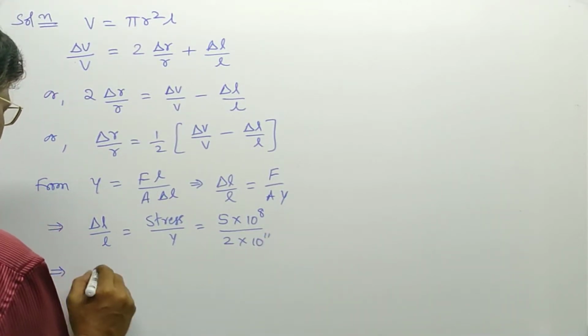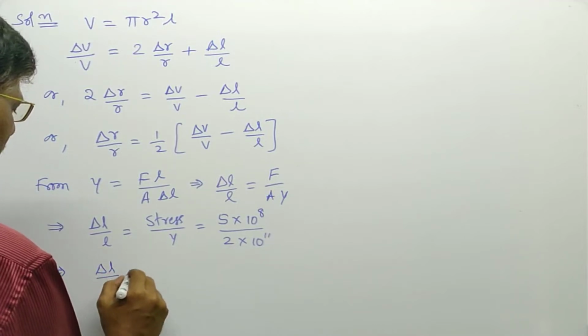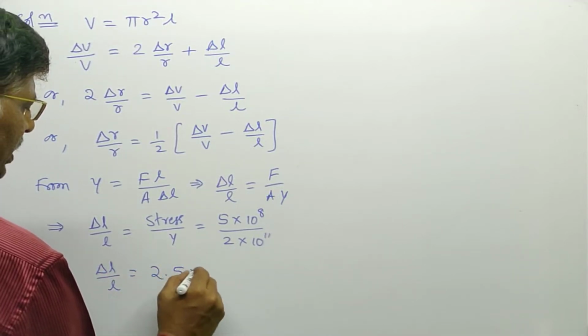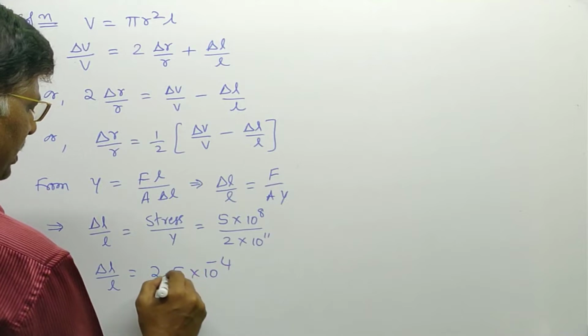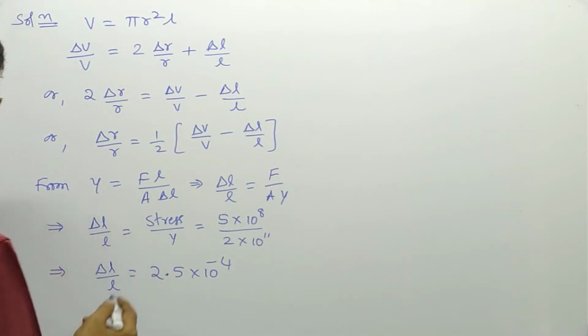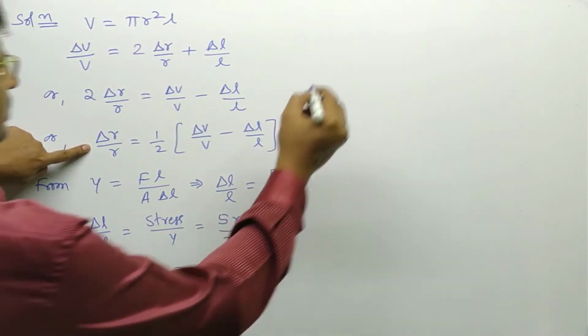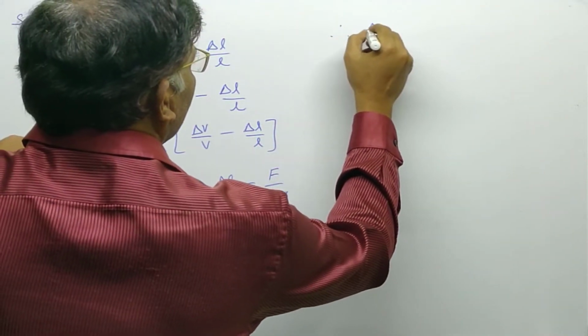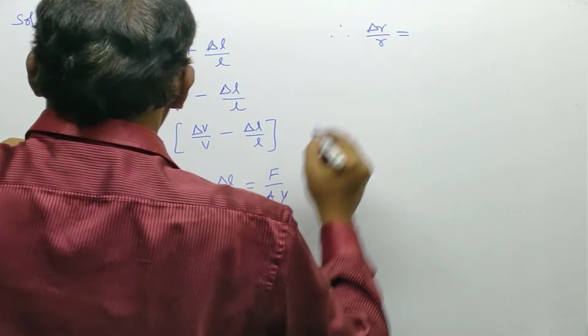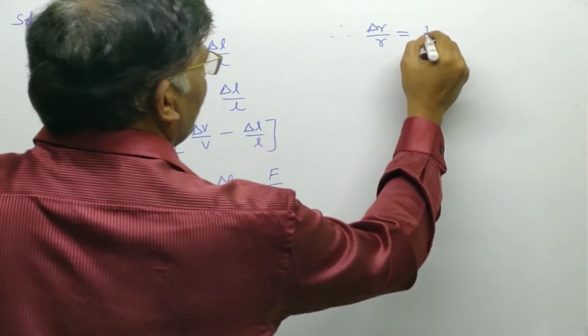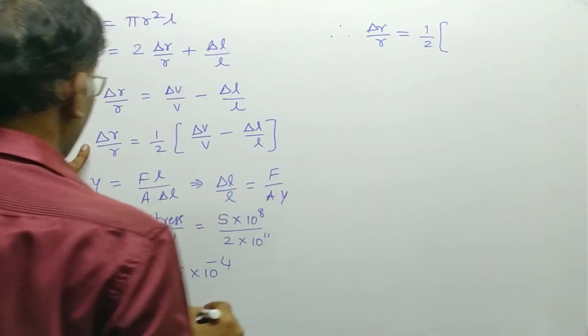So delta L by L is equal to 2.5 into 10 power minus 4, the longitudinal strain.